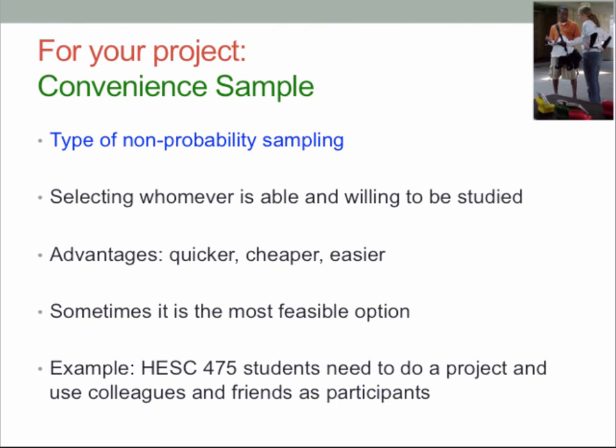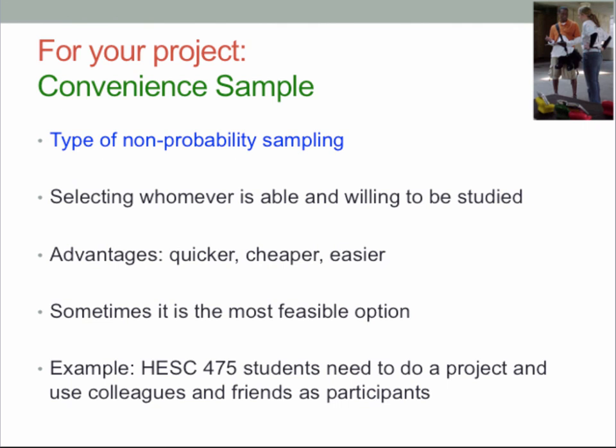So you can use yourself and you can use your colleagues and your friends who are college students, however you want to define who your sample is going to look like in terms of generalizing that to your population of interest. I will say that your population of interest should be college students, whether you want to limit that to Cal State Fullerton or to the region like Orange County or even broader to Southern California.